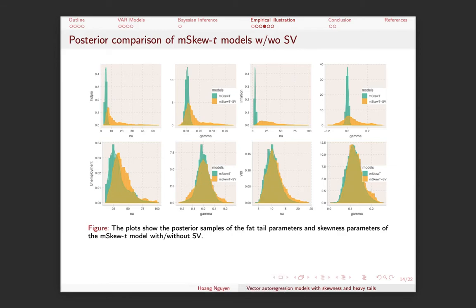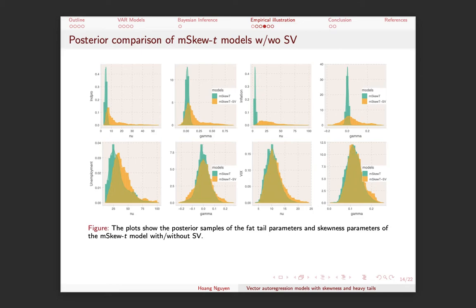On the other side, we will see that the skewness parameters before go around 0 for the model without stochastic volatility. But if we have stochastic volatility in the models, the skewness parameters go up to 0.25.